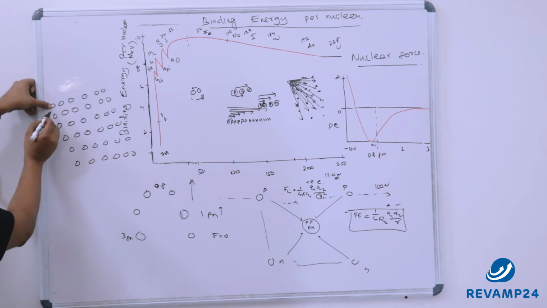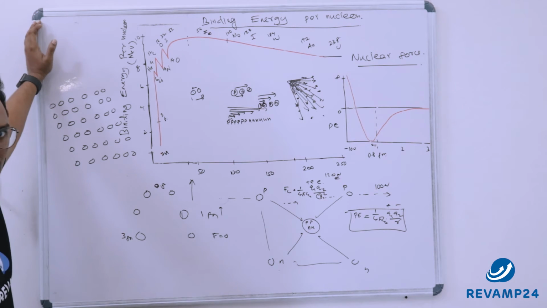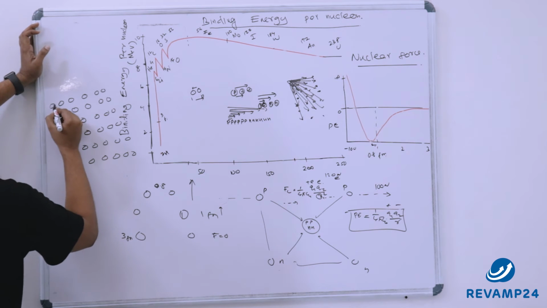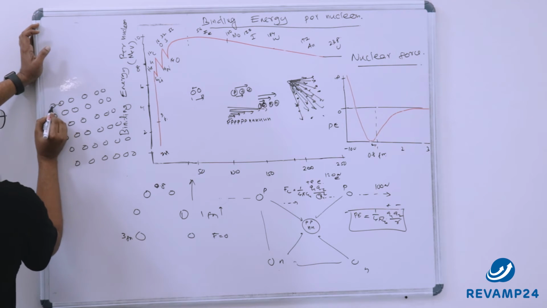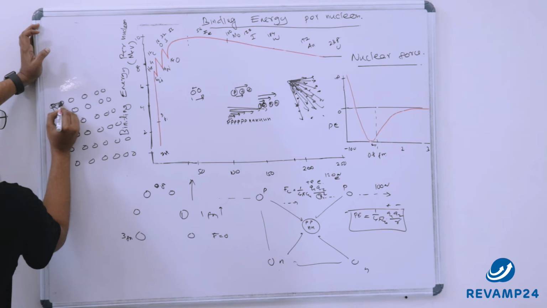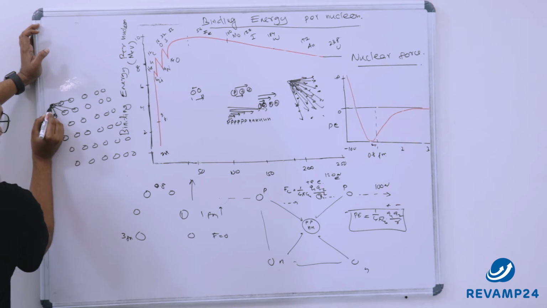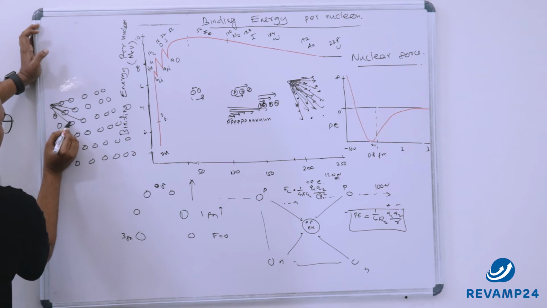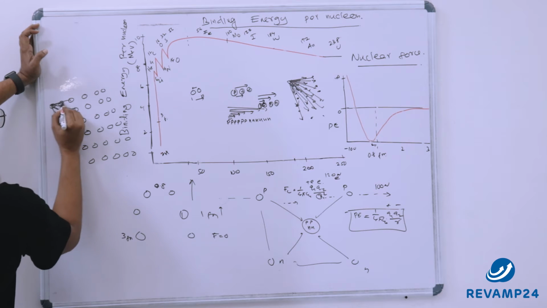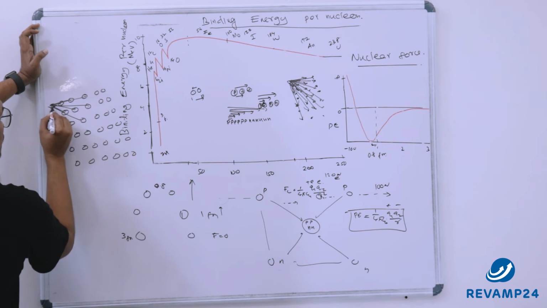Every nucleon will be exerting an attractive force on this nucleon, and this should be more stable. But what will happen? See, this would be attracting this nucleon towards it. So these nearby protons and nearby neutrons would be exerting higher attractive forces.